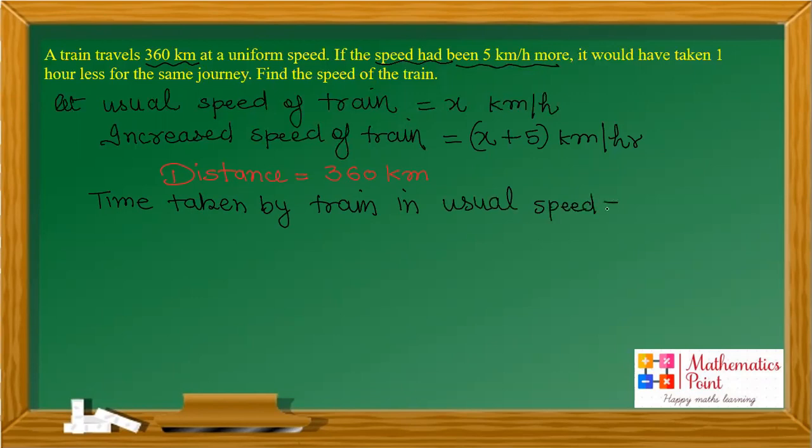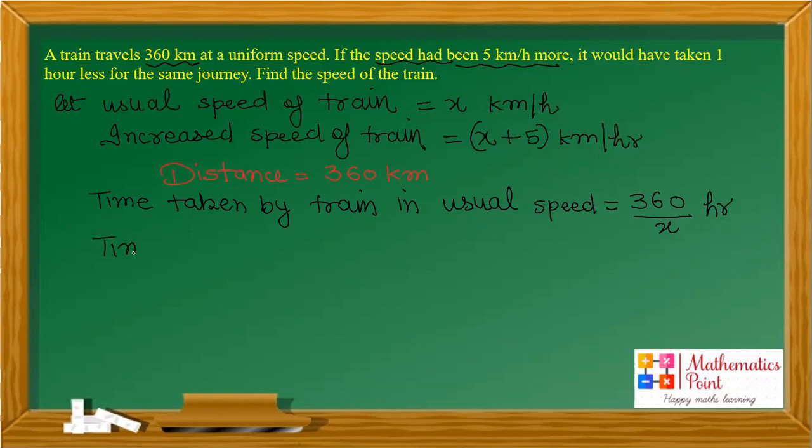Now, you know that the formula to calculate the time is distance divided by speed. Now, the distance is 360 kilometer and the usual speed of the train is x. So the time taken will be 360 divided by x hours.